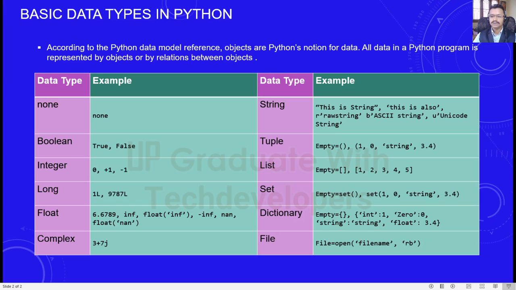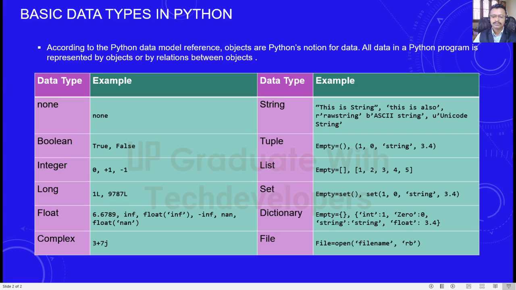They are raw string, ASCII string and Unicode strings. These are represented by the unique characters like R, B and U respectively. We will talk about these strings later in our course in detail.